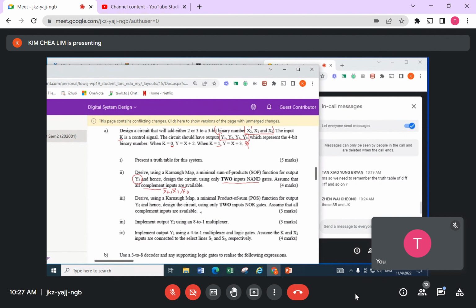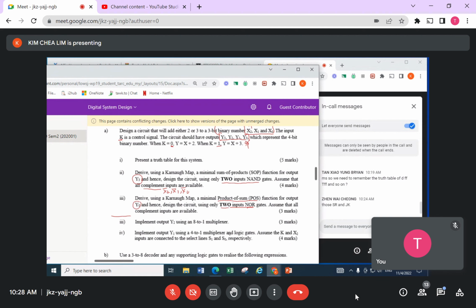Then after that, I want Y0, but now in product of sums form, POS. And because it's POS, design using NOR gates. And all the complements are also available. No need to generate. Okay, we understand until here first.